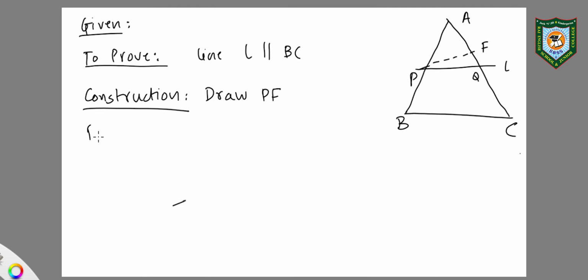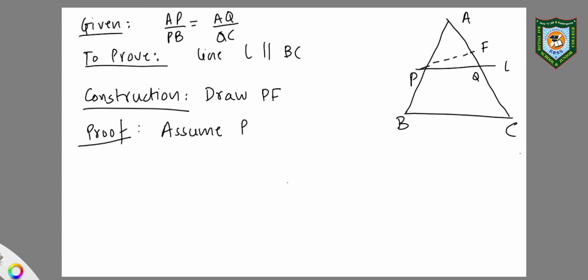So now here comes my proof. It is given to us that AP divided by PB is equal to AQ divided by QC. Before we start our proof, we're going to assume that PQ is not parallel, that line L is not parallel to BC.